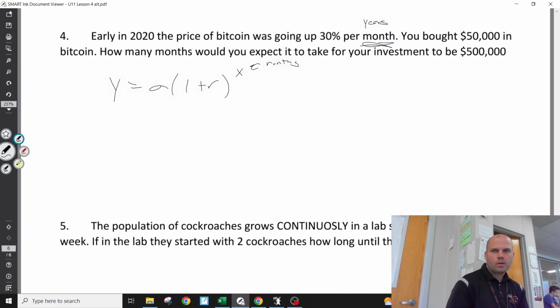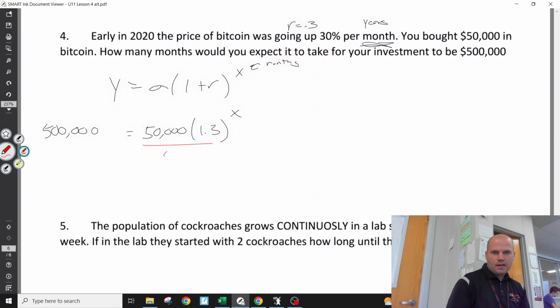I bought 50,000, so that's my starting. I want to know how long until it's 500,000. And I'm rich and I can buy a house. R is 0.3, 30 divided by 100. Add that to 1, it's 1.3.